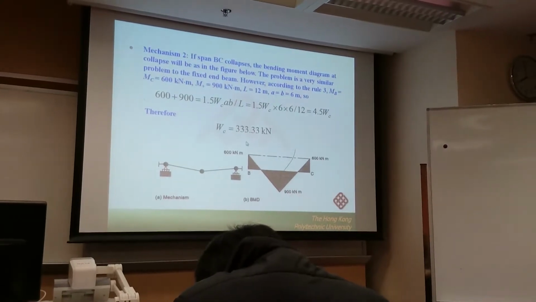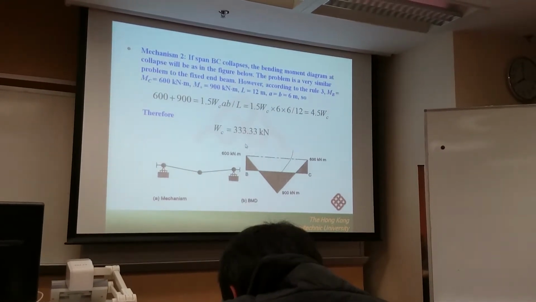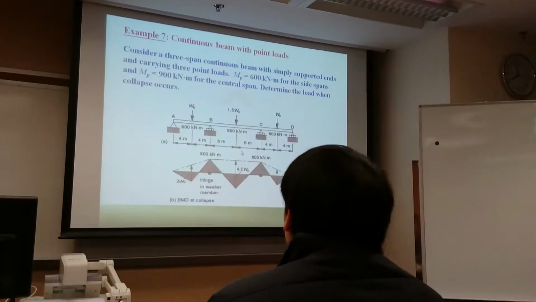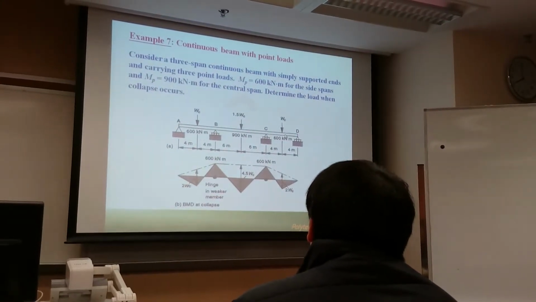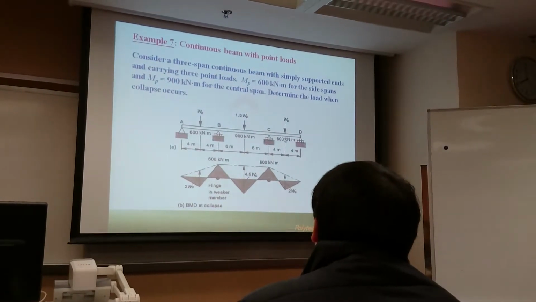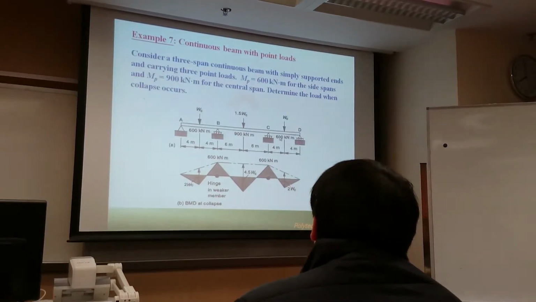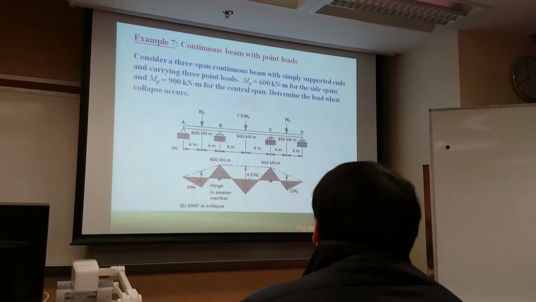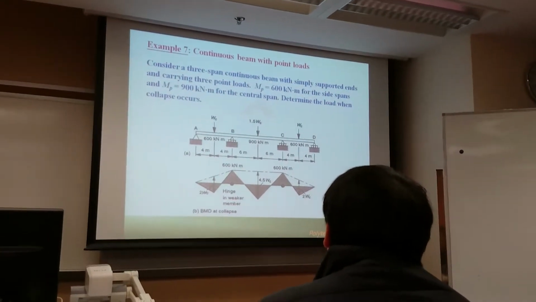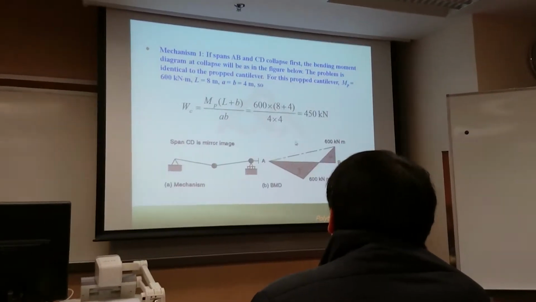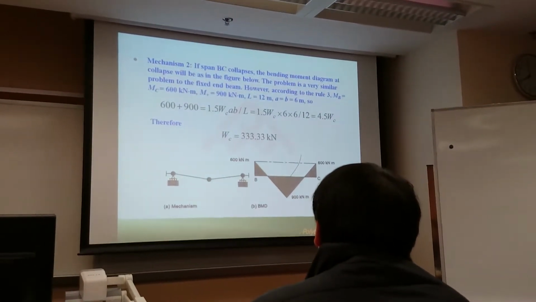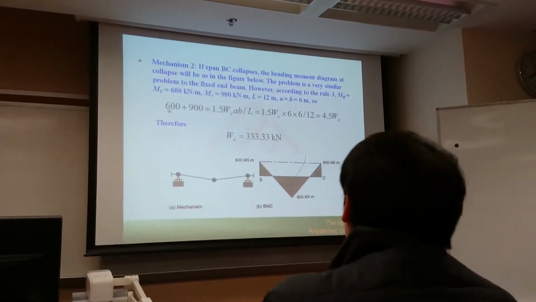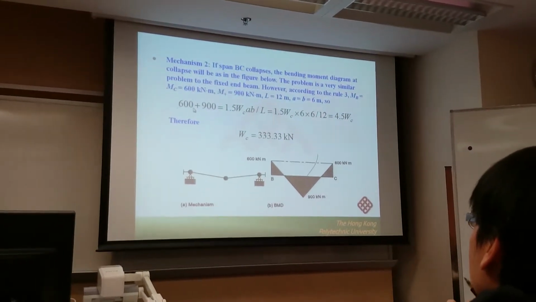And I want to mention another case. For example, if the second side span also has a plus moment equal to 900, and then at point C the plus moment is equal to 900, then the reactant moment is not equal to 600.